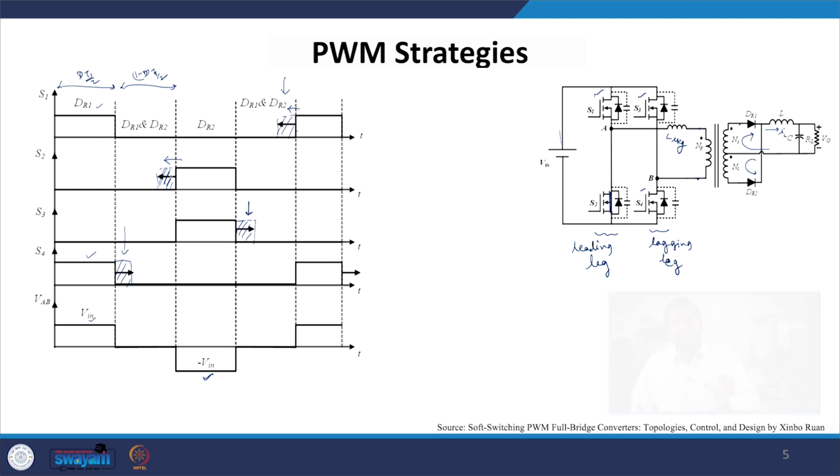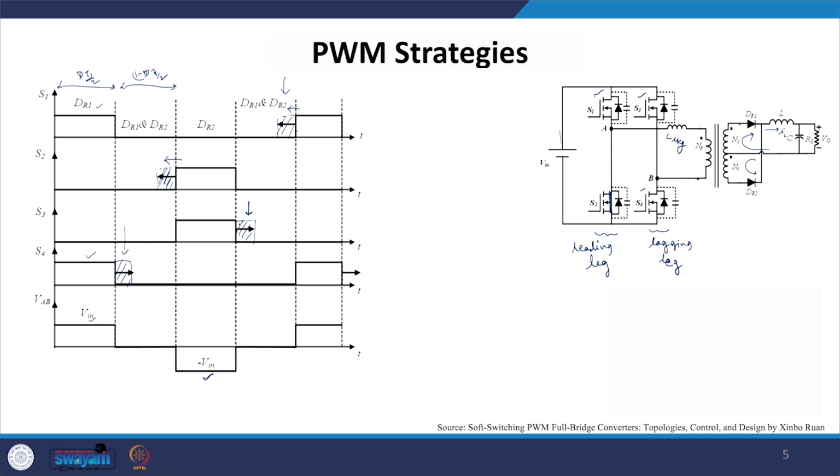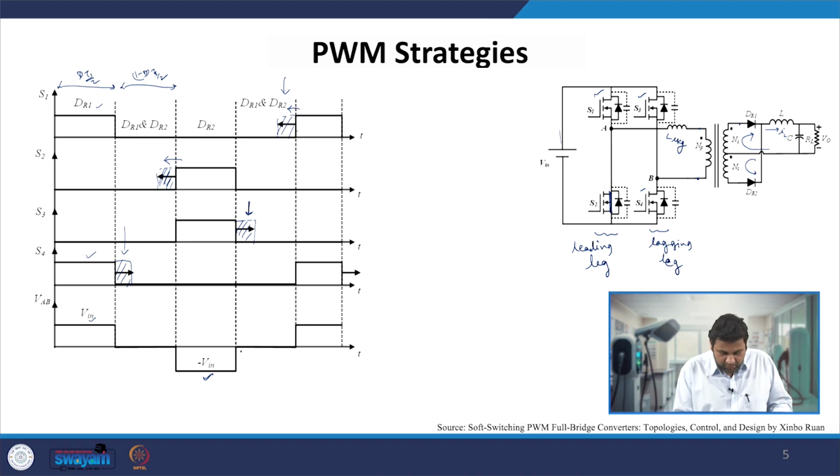Similarly, in the lagging leg, we are increasing the turn on period of the lagging leg switches by delaying, or by increasing the falling edge in the backward direction by some amount, and during this time the VAB voltage will still be 0, during this time still 0, and during this time still 0.